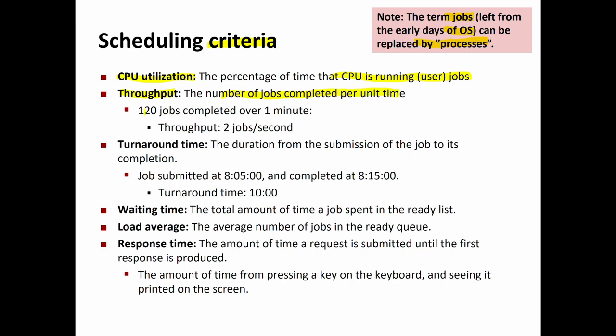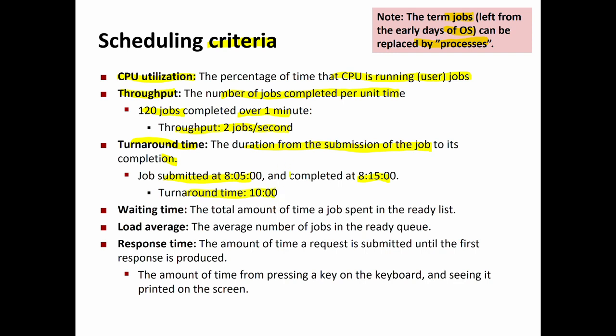If you have completed 120 jobs over 1 minute, it means your throughput is 2 jobs per second. And the turnaround time is the duration from the submission of the job to its completion. So if a job is submitted at 8:05 and completed at 8:15, then we say the turnaround time for this job is 10 minutes.